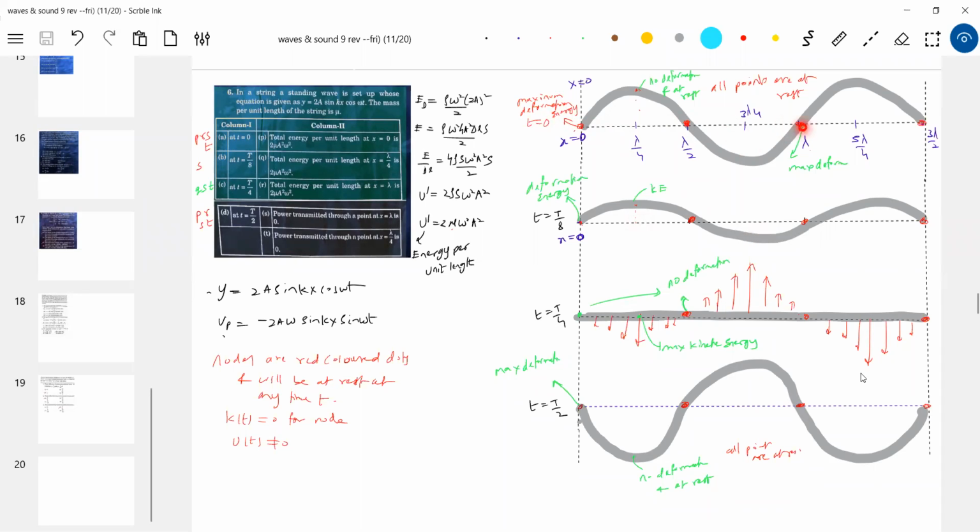Then what happens, sir? Here remaining 5. It should be shared to this one. So like this, what will happen? The energy in a given loop. So therefore, this antinode will get energy from both the adjacent nodes. What about energy of these elements? Will they remain fixed? How much energy they have here? They'll have that much of energy.